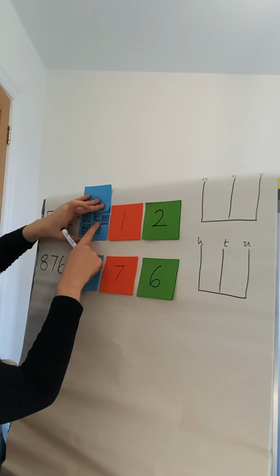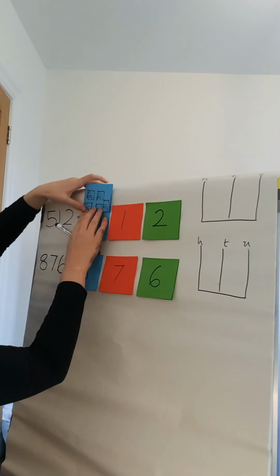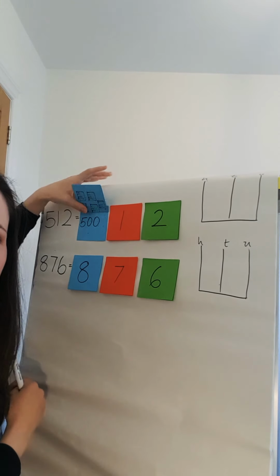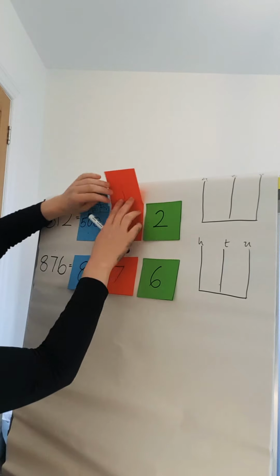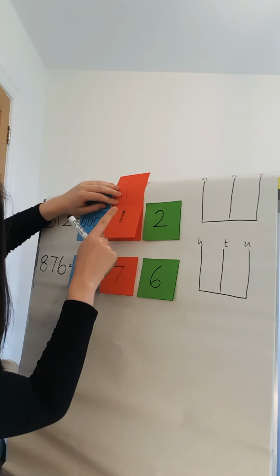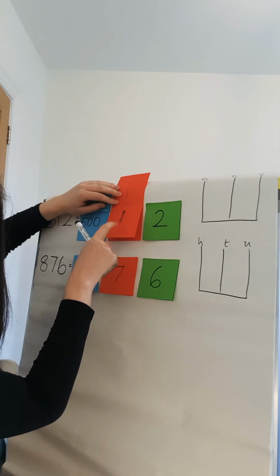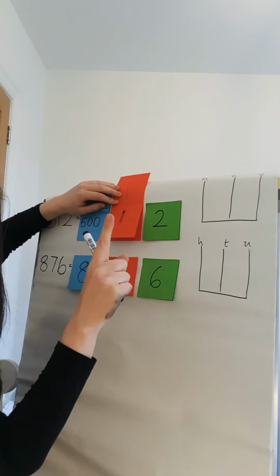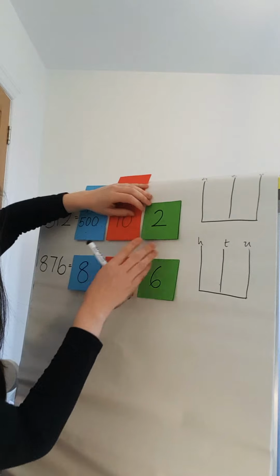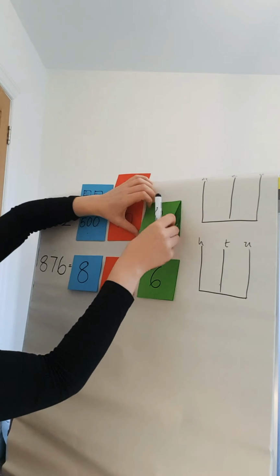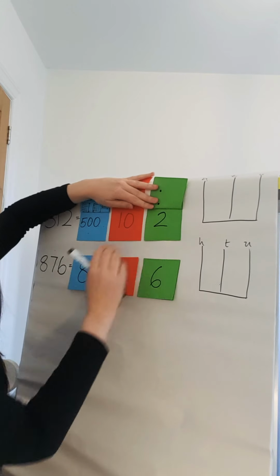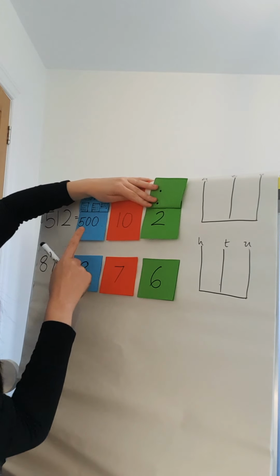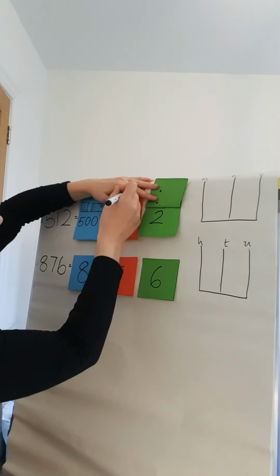What's that? 100, 200, 300, 400, 500. I hope you can see that. 500. The 1 in the tens place, that's 1 stick of 10 cubes, 10 units in there. We call it 10. And this 2 units in 512, 2 single little cubes, and it's just 2. So you have a 500 and a 10 and a 2.